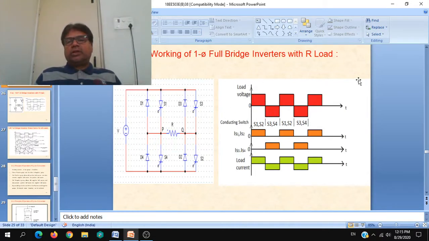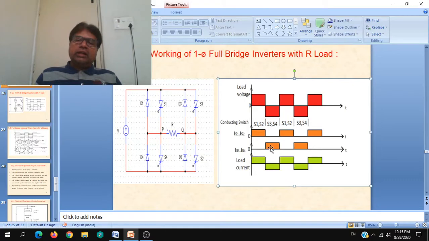Supply voltage will be a constant DC supply. Depending on the sets of SCRs, you will control S1, S2 to make the load voltage positive, and S3 and S4 to make the load voltage negative for the negative half cycle.